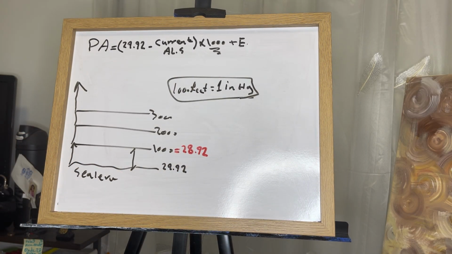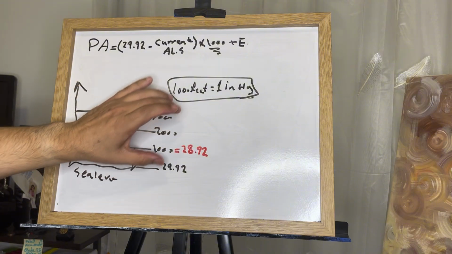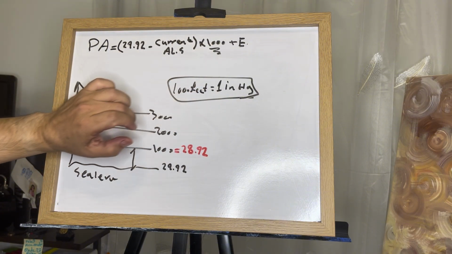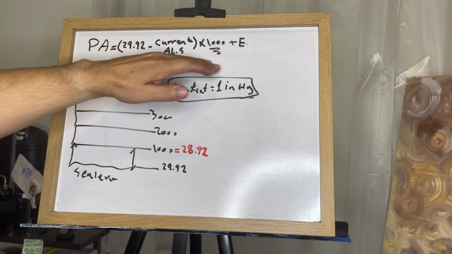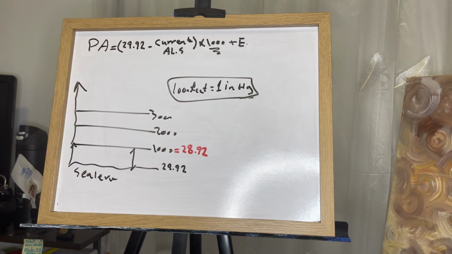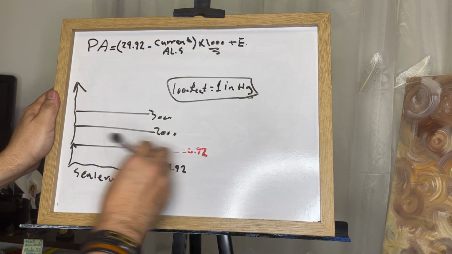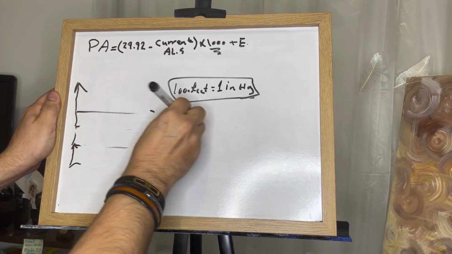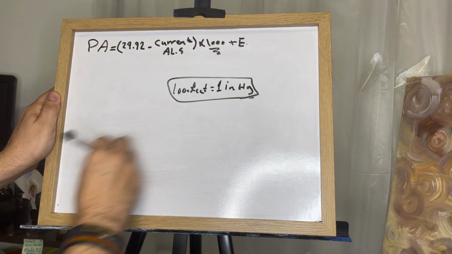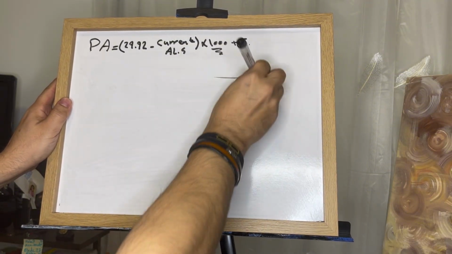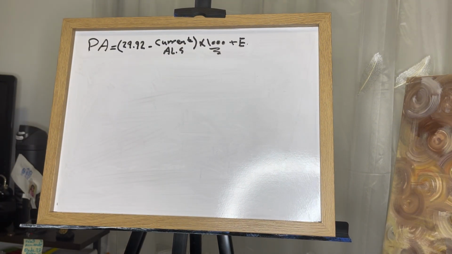That is why we need this rule of thumb of 1000 feet in the pressure altitude formula. Let's do one example.